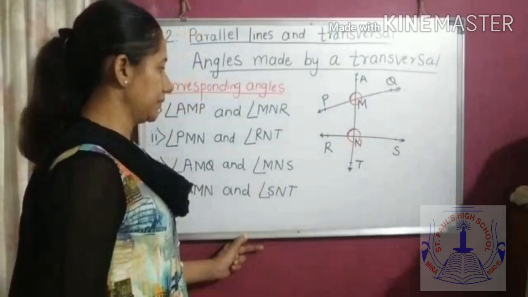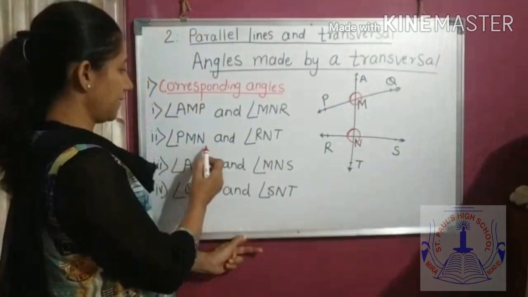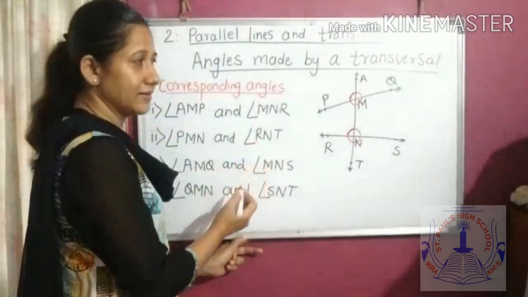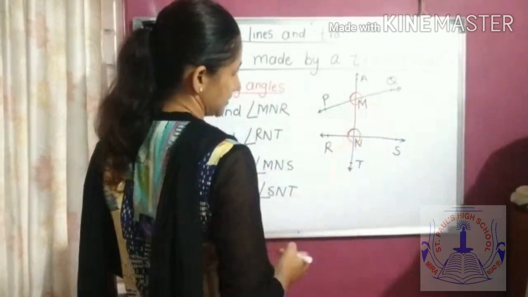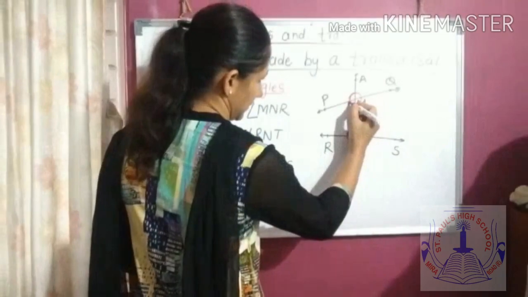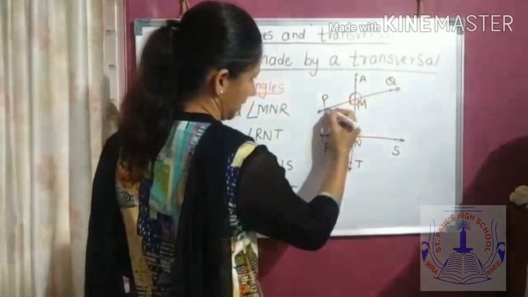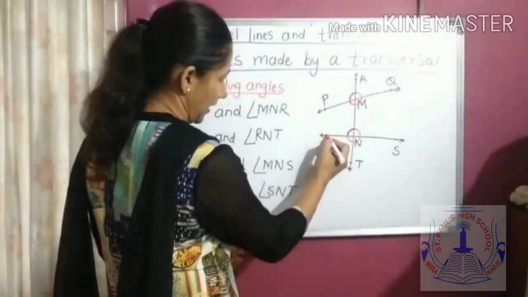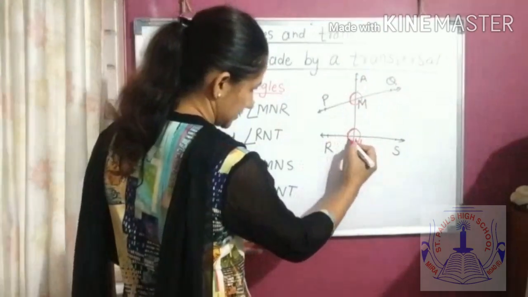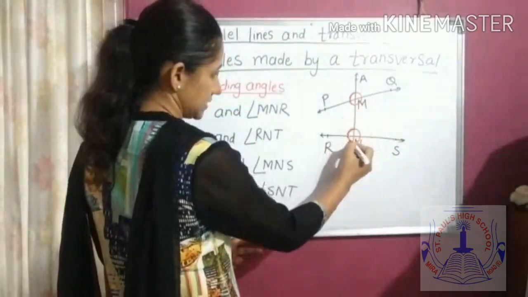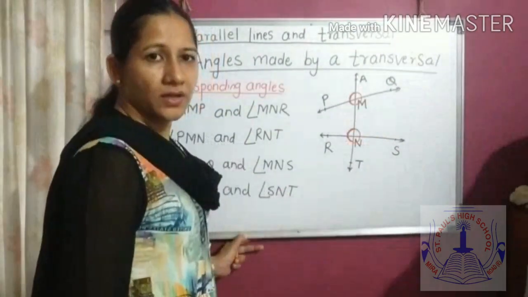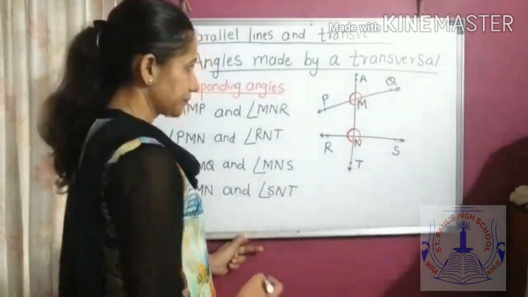Clear? Another example is angle PMN and angle RNT. This is angle PMN and angle RNT, that is over here. So these angles form another pair of corresponding angles.